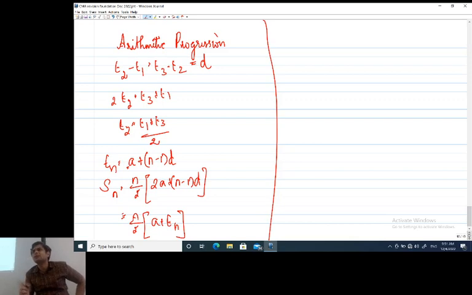A L, you are multiplying? An you cannot do. A is always the first term. A generally denotes the first term of the series. If it is the 10th term, what is the first term?